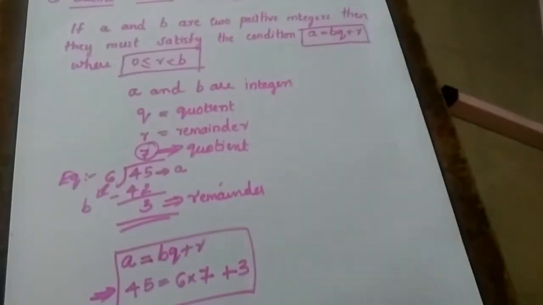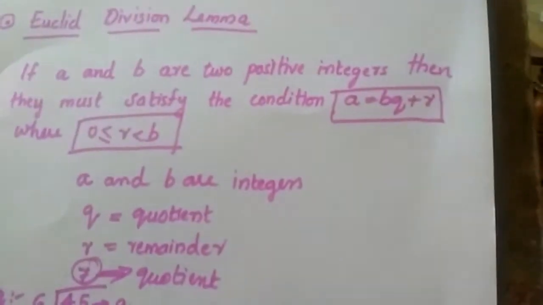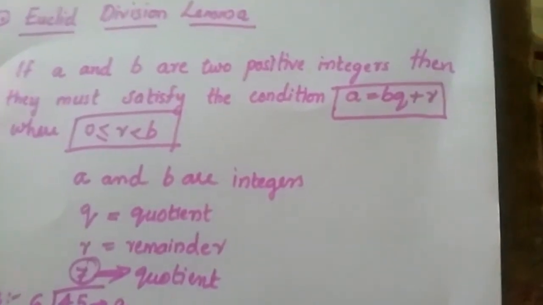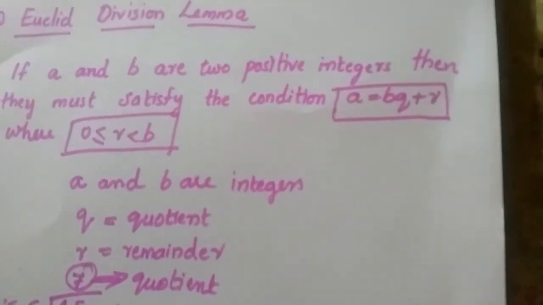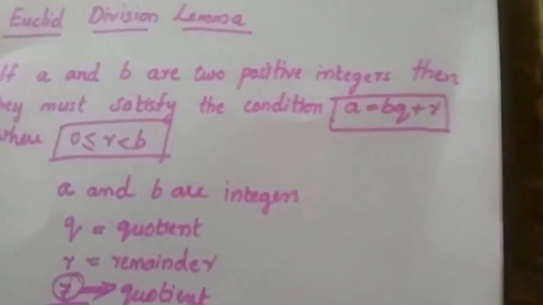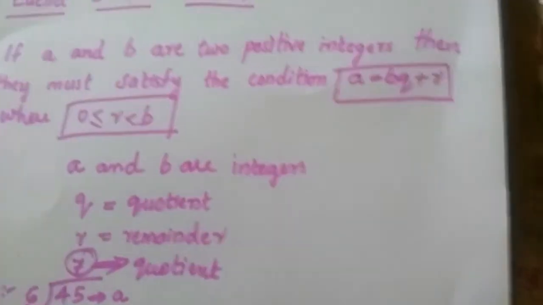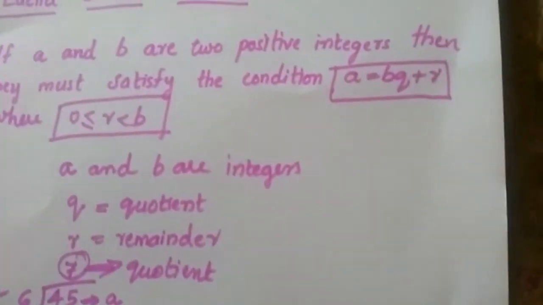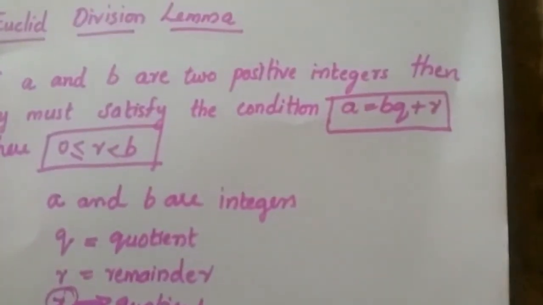So I will repeat this once again. What is Euclid's division lemma? If you take two numbers a and b, two positive integers, then they satisfy in the division the condition a = bq + r, where a and b are integers, q is the answer of the division, that means quotient, and r is the remainder, where r is between 0 and b, or equal to 0 also.